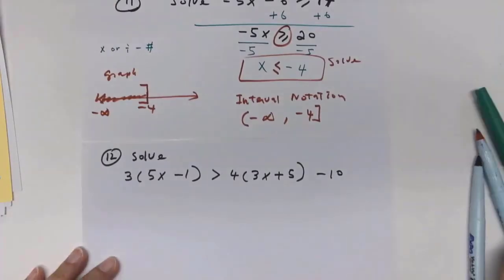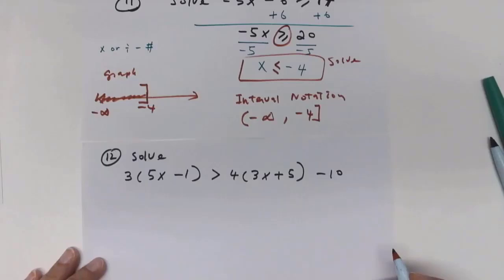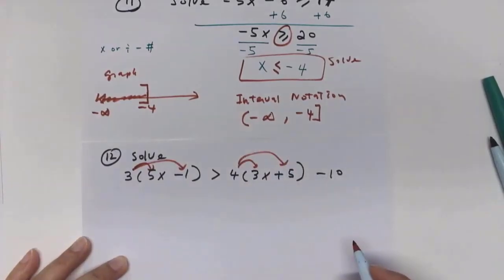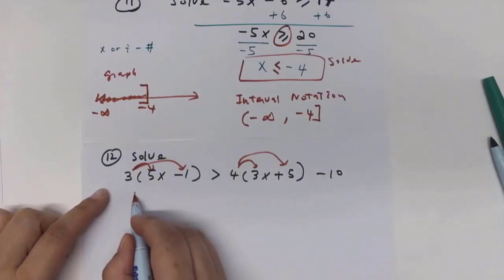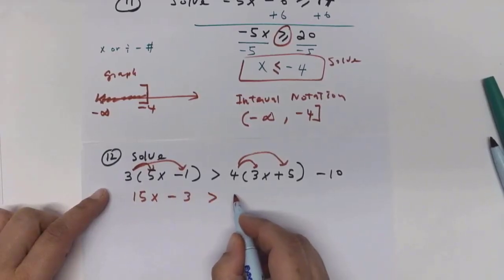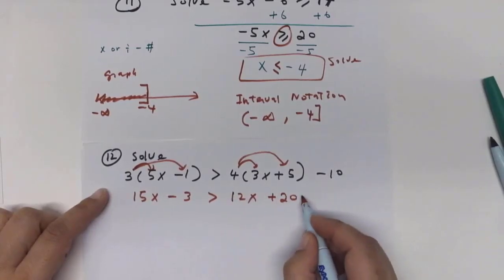Okay, first, we are going to distribute here, here, here, here. Once we multiply, what do we get? 15x minus 3 greater than 12x plus 20 minus 10.